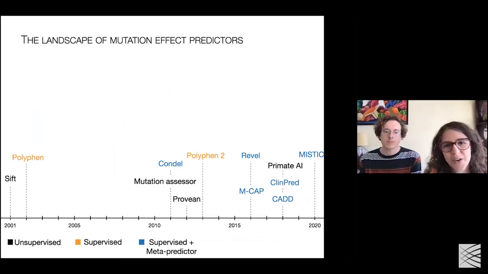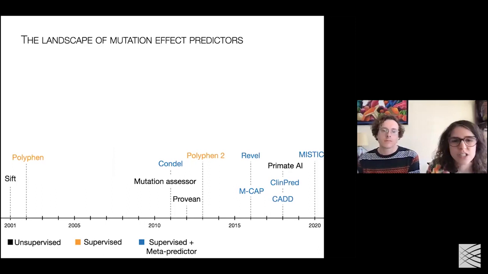predictors. Now, this is not trying to be by any means a comprehensive picture of the landscape of these models, because there's been a lot of effort in this space and a lot of different tools developed over the years, but at least it gives you an idea of how it has been changing over the years.